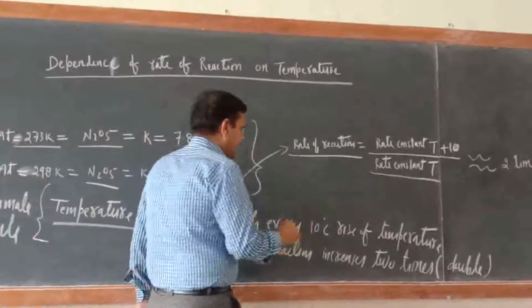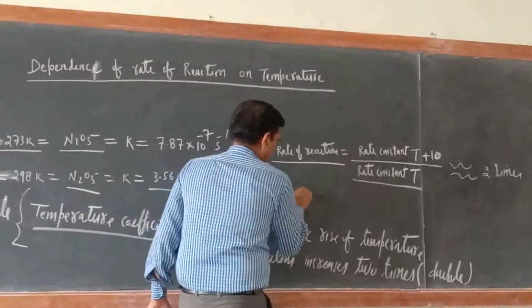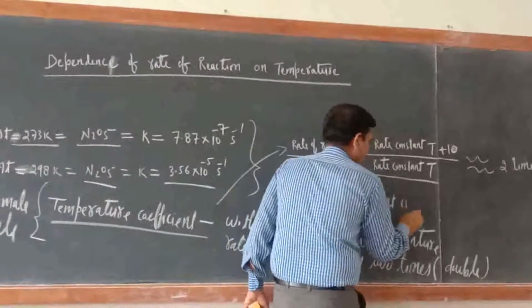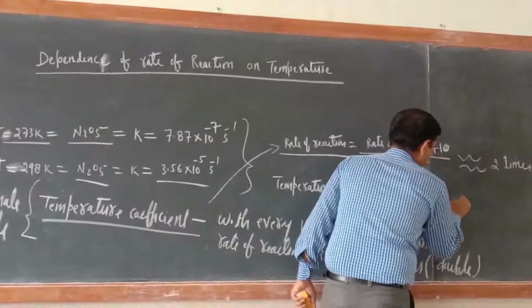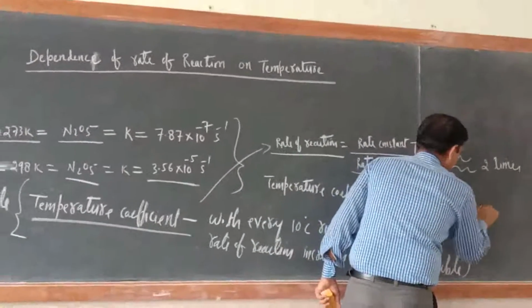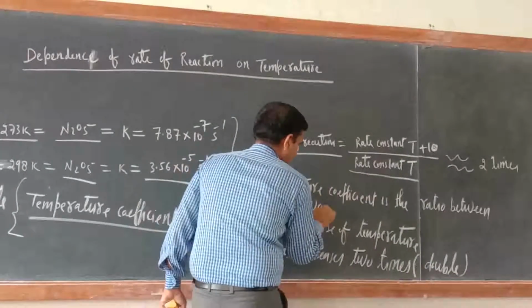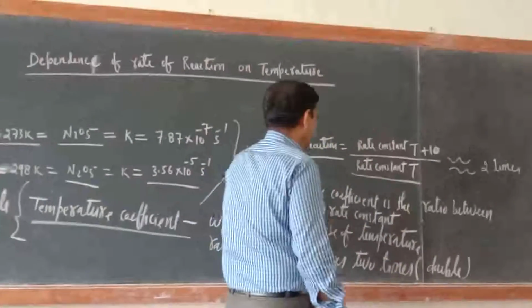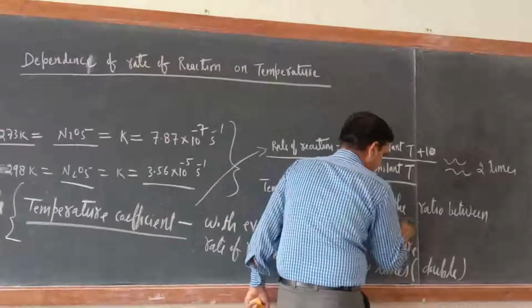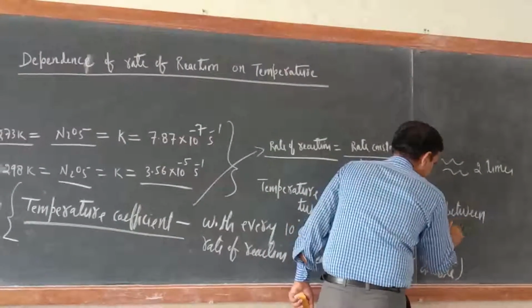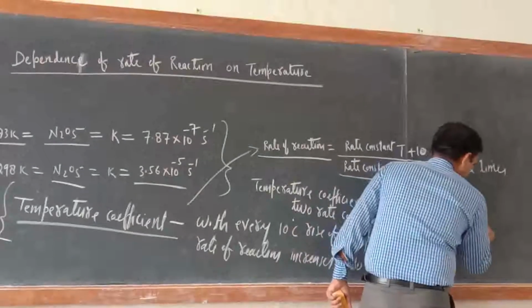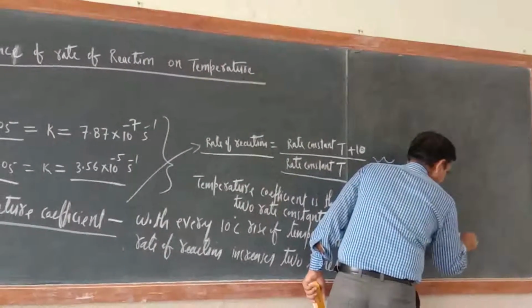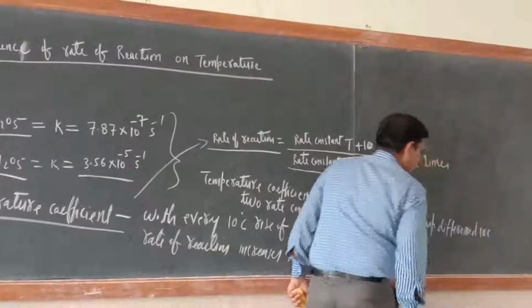Temperature coefficient is the ratio between two rate constants at two different temperatures differed by 10 degrees Celsius.